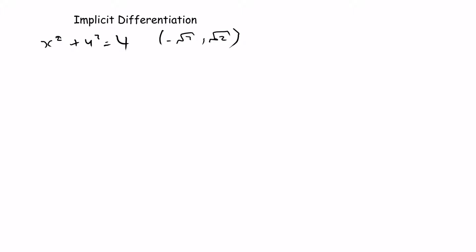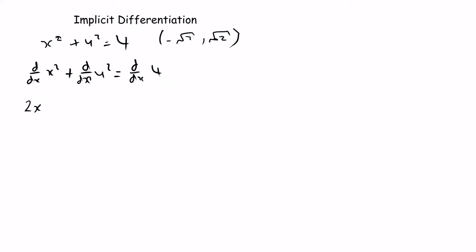So first thing we're going to do is we've got our function and we're going to differentiate it with respect to x. So the derivative of x squared plus the derivative of y squared is equal to the derivative of 4. Then we know how to differentiate x squared, which is 2x, normal explicit differentiation.